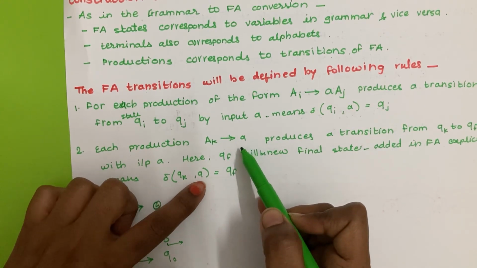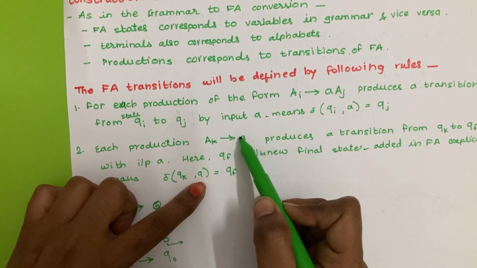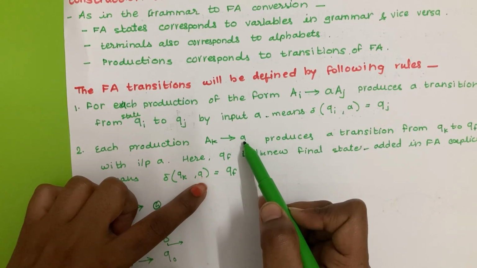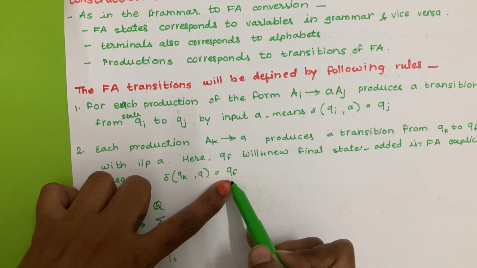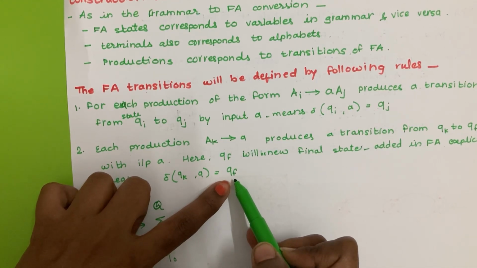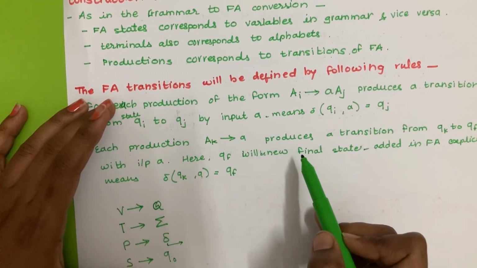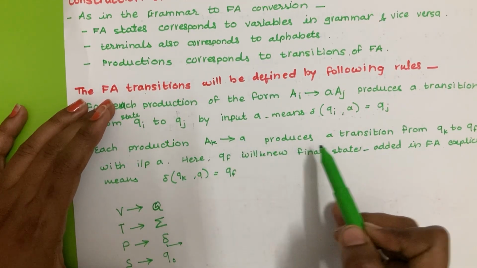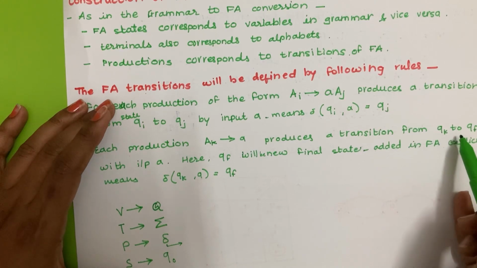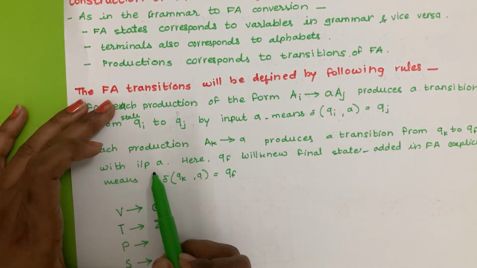A is again the input symbol that corresponds to terminal a, and here we have to take an explicit final state, that is qf. So if we have a production of the form Ak tends to small a, that will produce a transition from qk to qf with input symbol a.